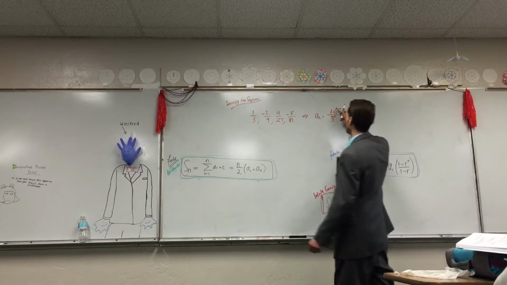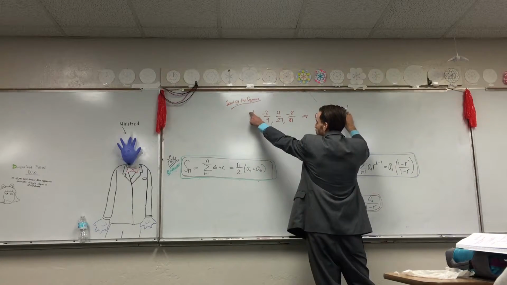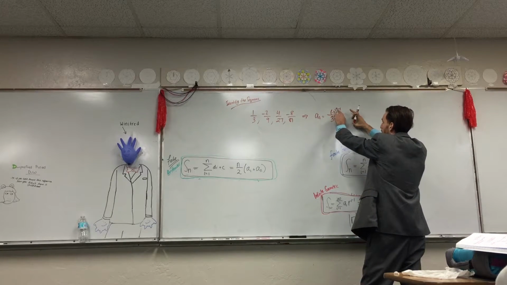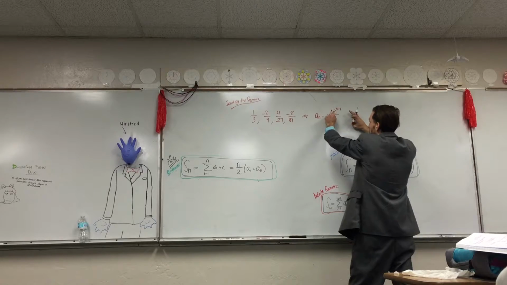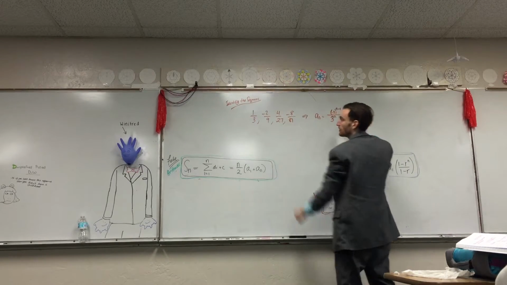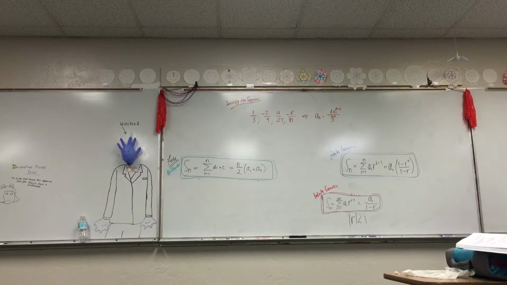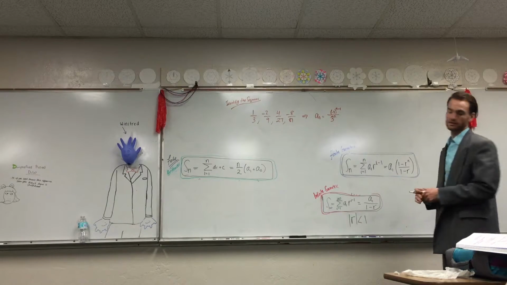Because if n was 1 here and it was just 1, then this should be -2. But if it's n minus 1, then I put in 1, it's 1 minus 1 is 0, and -2 to the 0 is 1. So that's starting at 1. Yeah, I would tell you to assume n begins with 1. Okay, so that's one of them.